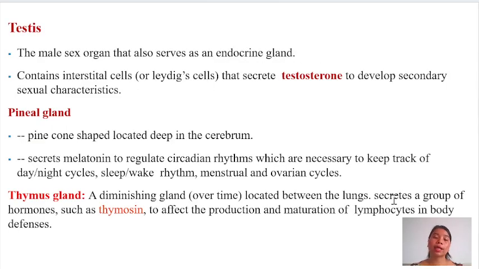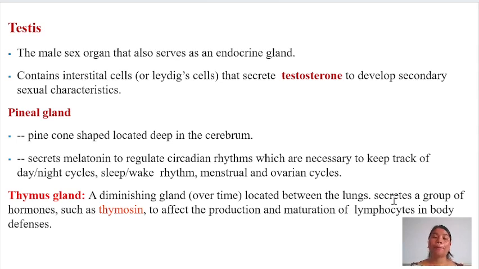Then the testis. The testis is a male sex organ and also serves as an endocrine gland. It contains interstitial cells, also called Leydig cells, that secrete testosterone to develop secondary sexual characteristics. So in a male, testosterone is the main hormone which regulates the sexual characteristics.